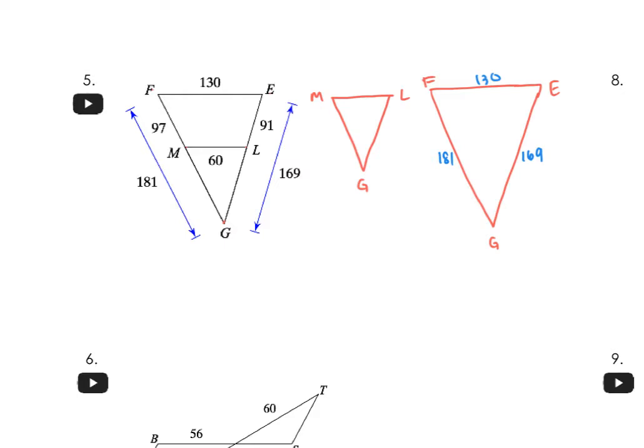And then looking at our smaller triangle, the only measurement that's given to us is the 60, but we can find these other measurements by just doing a little bit of subtraction. So this side right here is just going to be 181 minus 97.